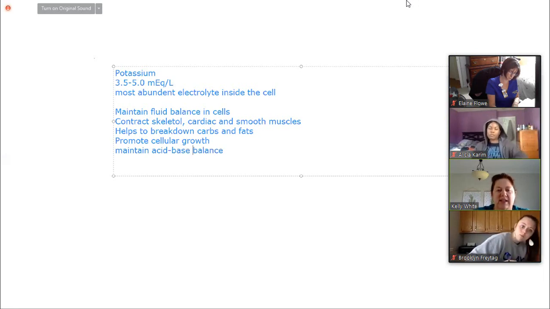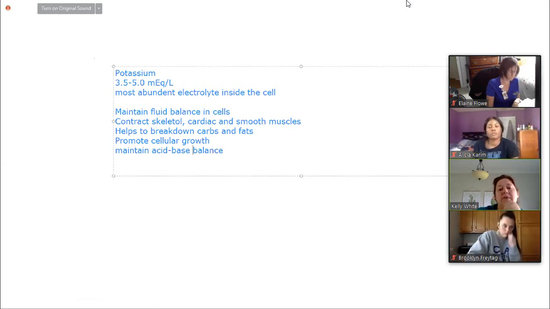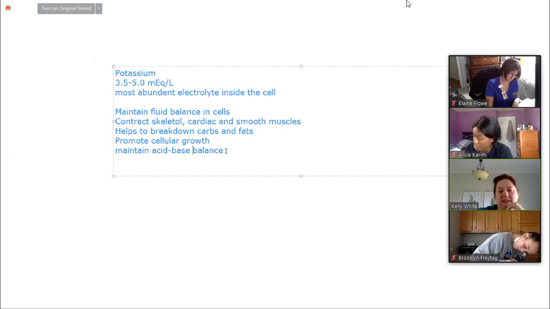Remember how I said the other day that in acidosis you're going to see an elevated potassium, whereas in alkalosis you're going to have lower potassium levels.